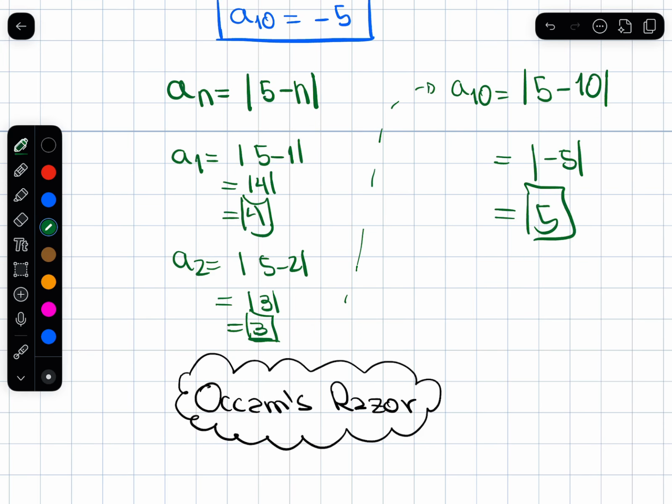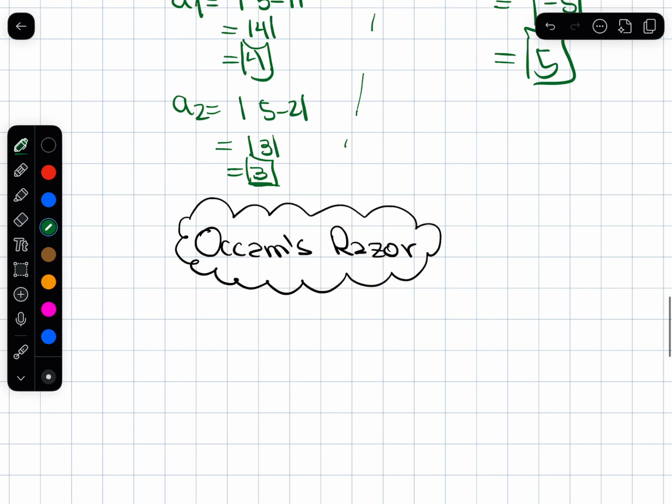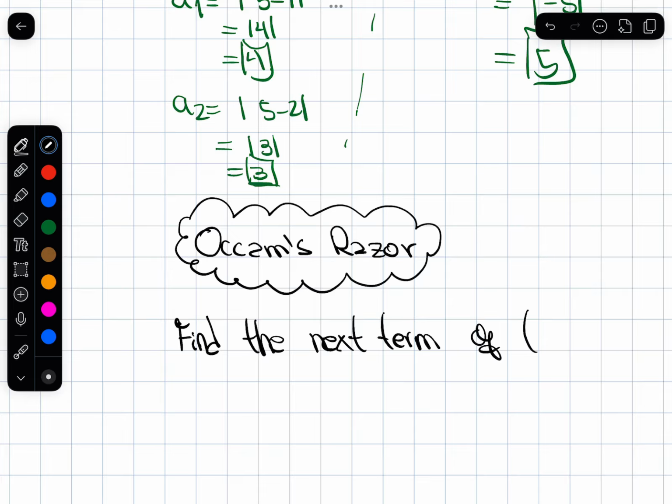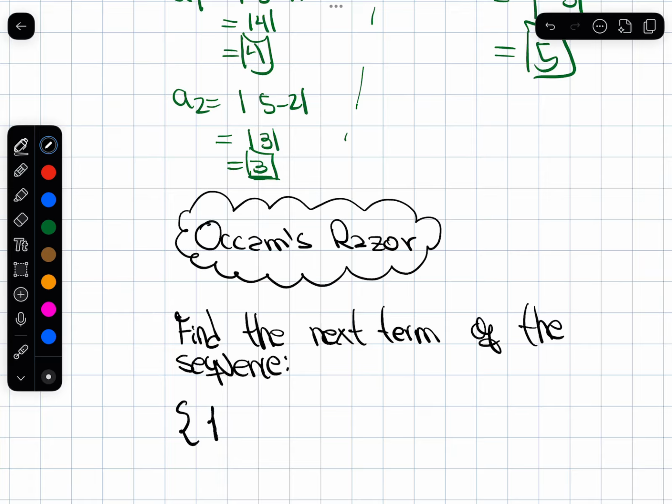I remember some time ago there was a meme going on with a sequence, sometimes an IQ test meme or something, where you're going to see something like, find the next term of the sequence. And they're going to give you something really obvious, such as 1, 2, 3, 4, and then maybe put a question mark here.